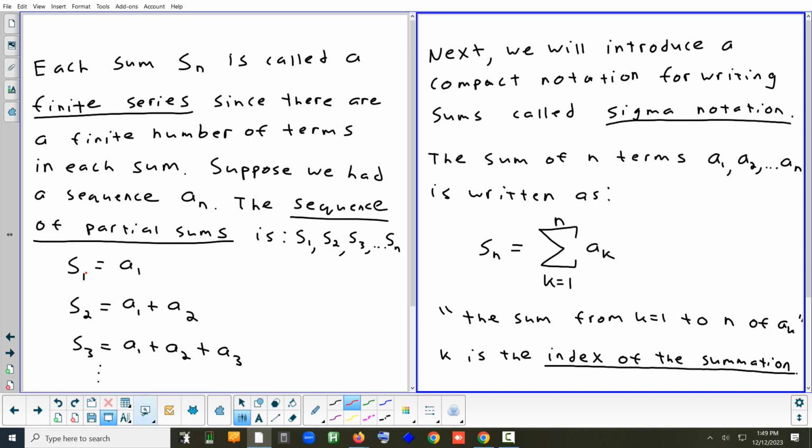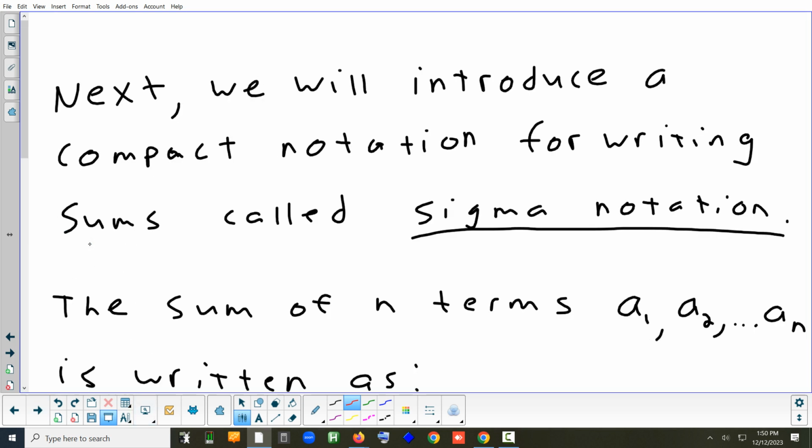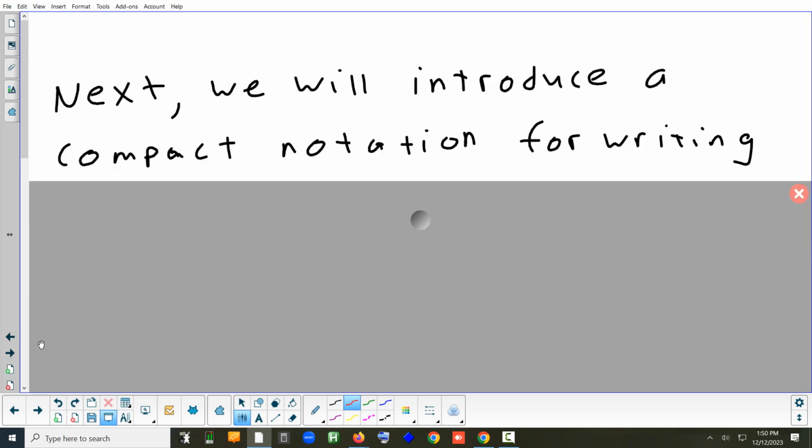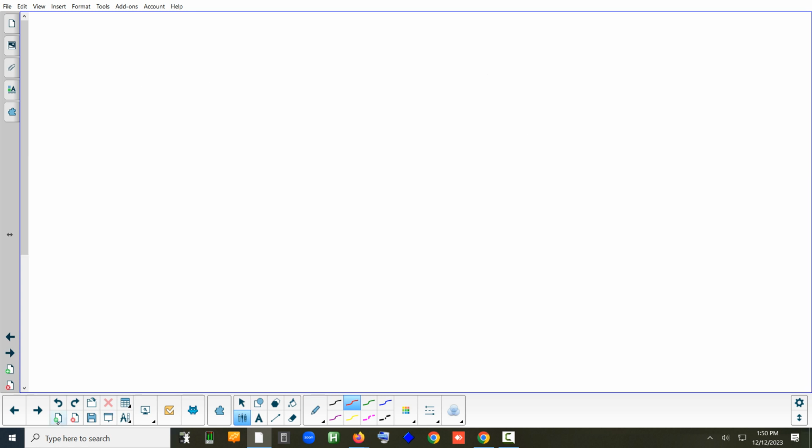So writing this out can be kind of tedious. Let's say I wanted you to represent adding up every single number from 1 to 1,000. So you could write down 1 plus 2 plus 3, and I don't want you to use dot, dot, dot.